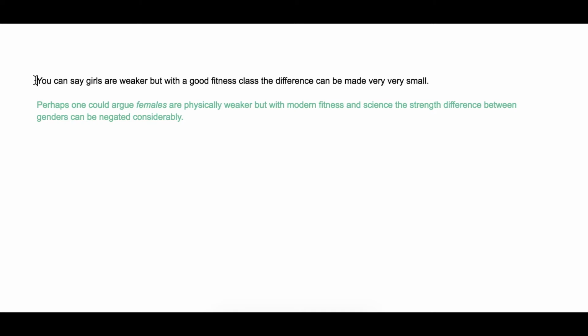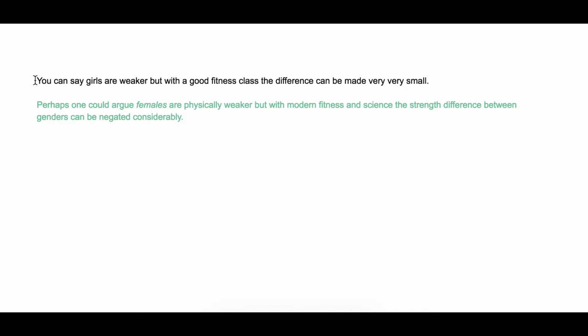So I'm not using girls because it's inappropriate. I'm not using women because we've already said it. I'm trying to show the examiner I've got a vast lexical resource, so I'm going to use females. Females are physically weaker, but with modern fitness and science, the strength difference between genders can be negated considerably. Now in the lower version we said with a good fitness class.